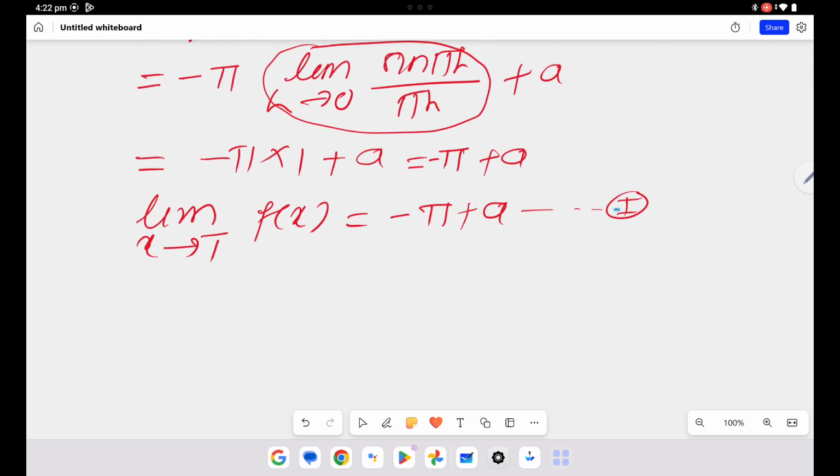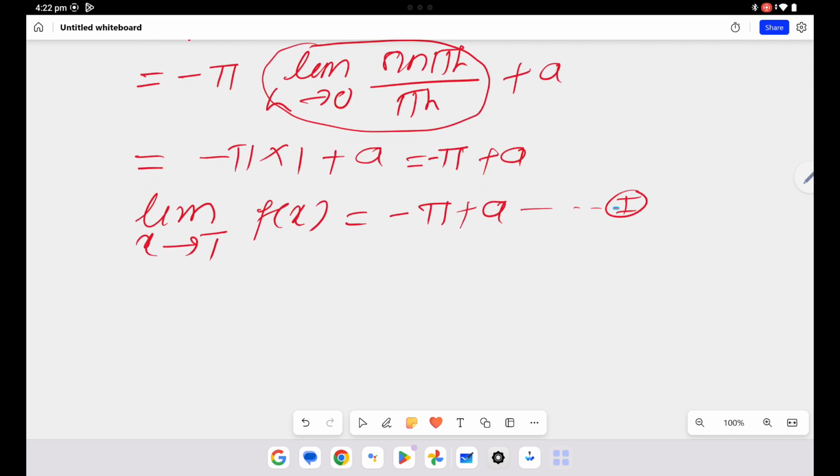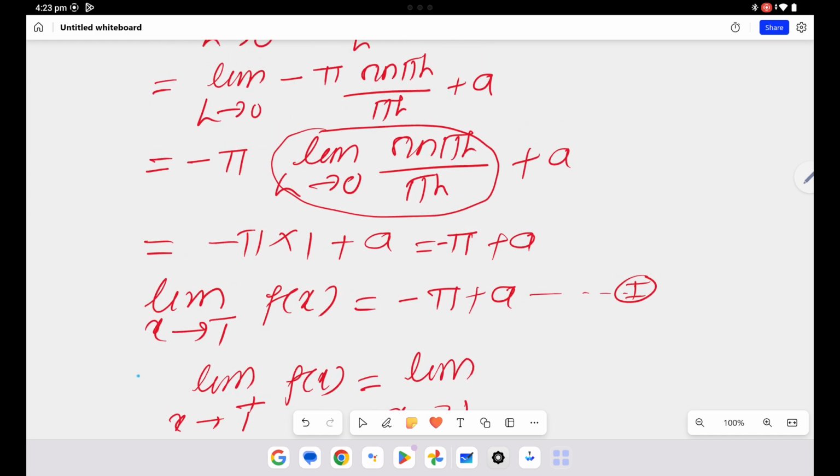Next we evaluate the right hand limit, and we write the definition of the right hand limit. The right hand limit, as x tends to 1 from the right of f of x, is equal to the limit as x tends to 1, and for x greater than 1 the function is given.